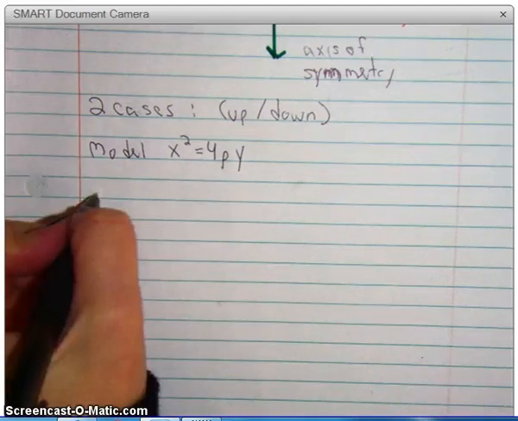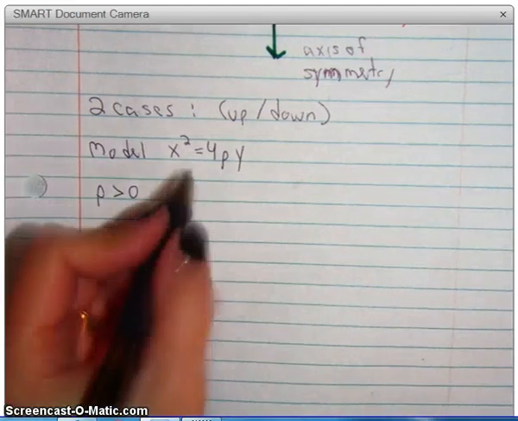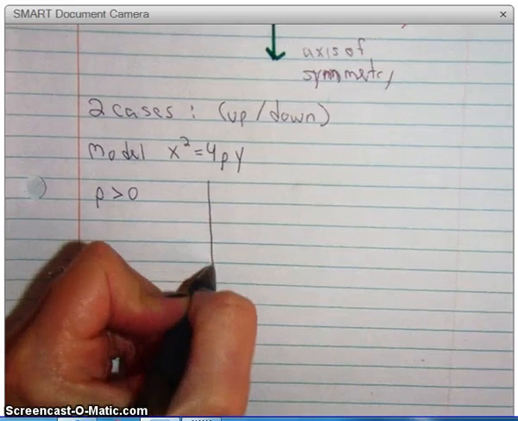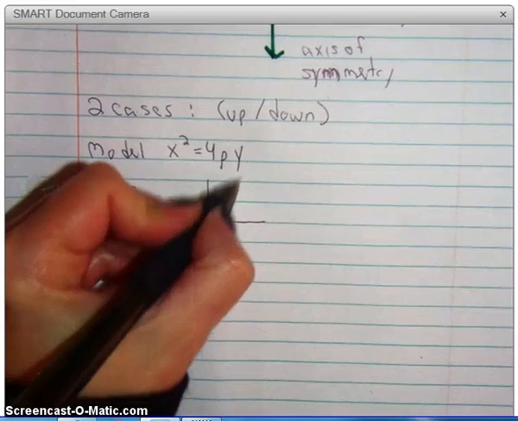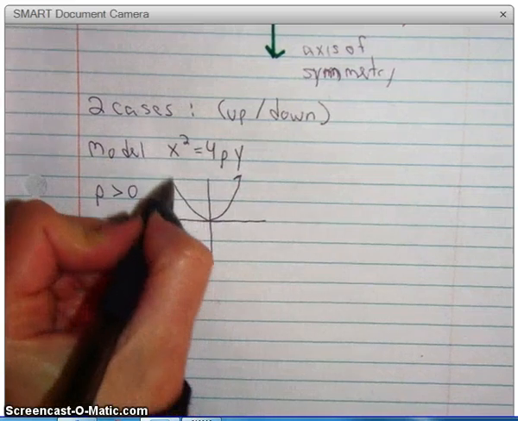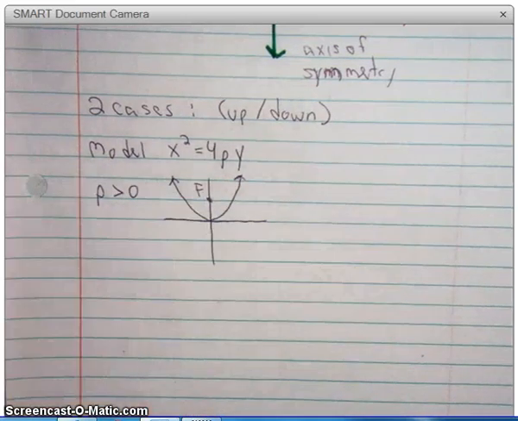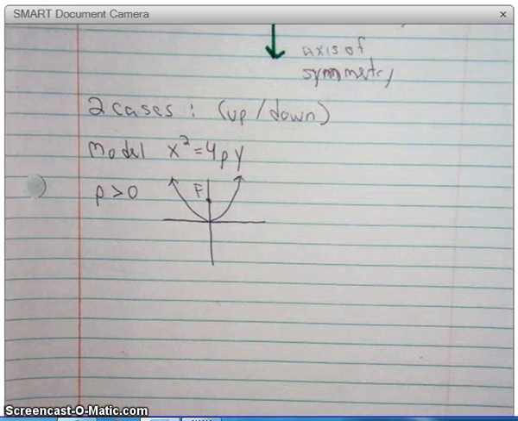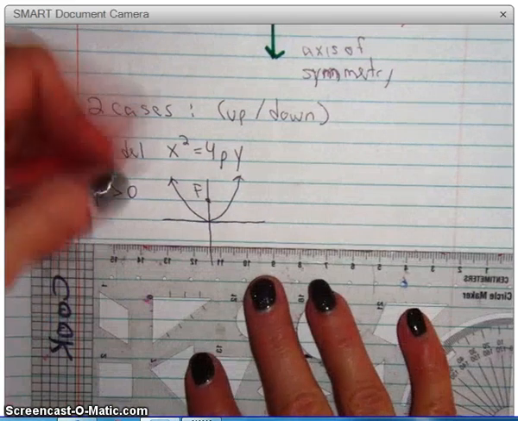If the p-value is greater than 0, the parabola will open up. It'll still have a focus, and it'll still have a directrix.